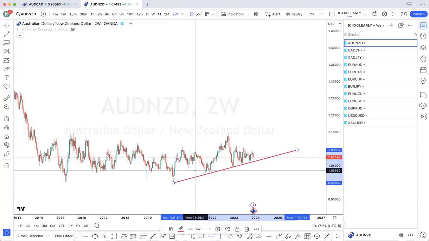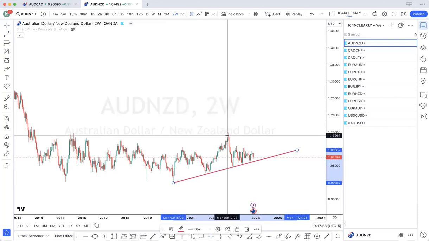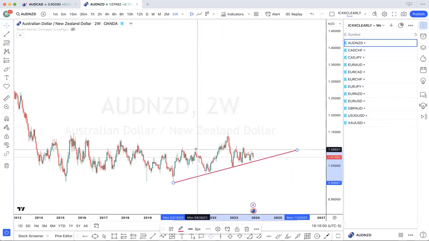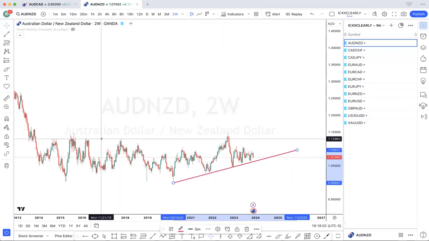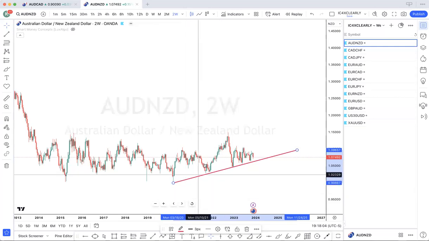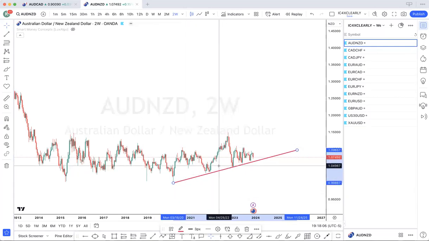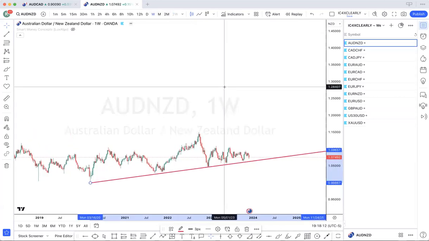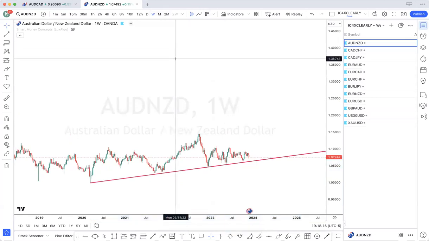With that being said, you had a push up here, an impulse move here that broke all this trend line liquidity. It pulled back into, let me go to the weekly. Well, let me go back to the two week.